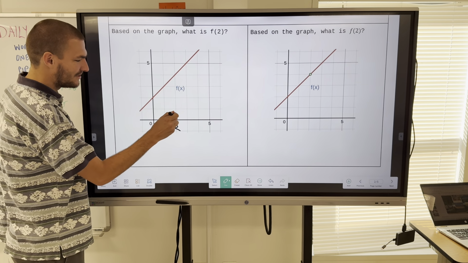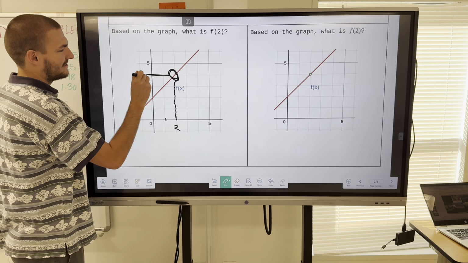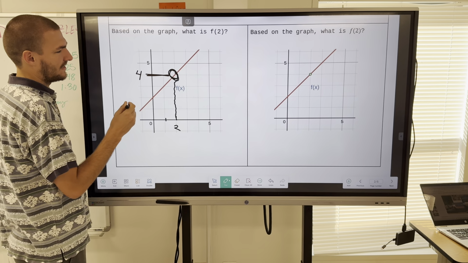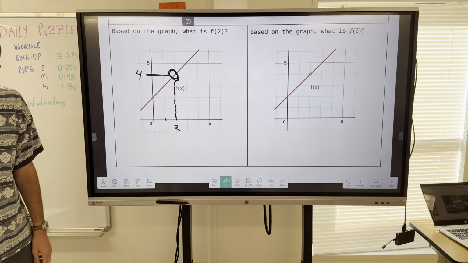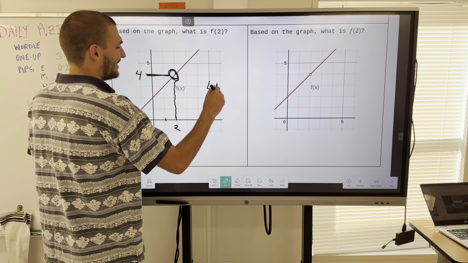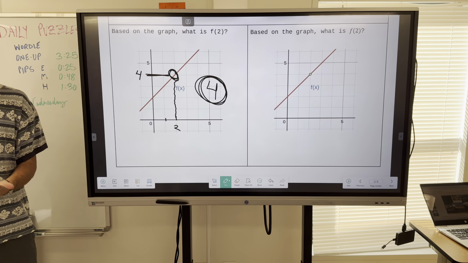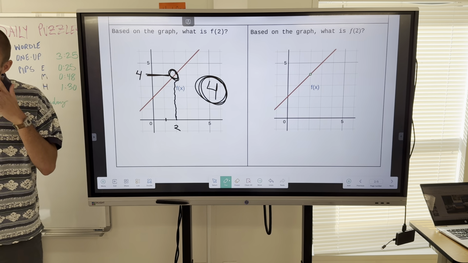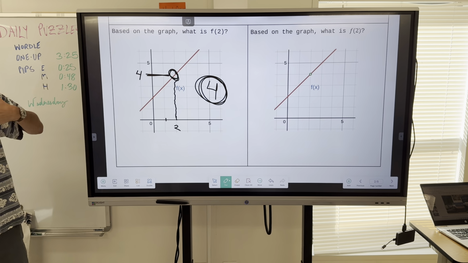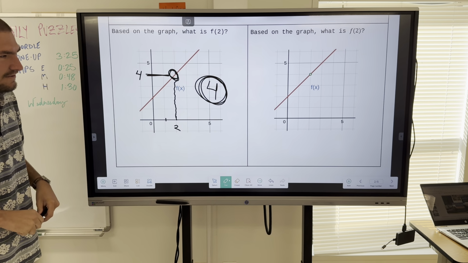Here's x of 2, and so we're looking right here, and that's 4. Is that the truth? Is it really 4? Yeah, it's really 4. The answer is 4, okay? The line is there. The line is 4 at 4, and of course, you guys are smart kids. You recognize patterns. You're already anticipating what's going on in the second graph there.